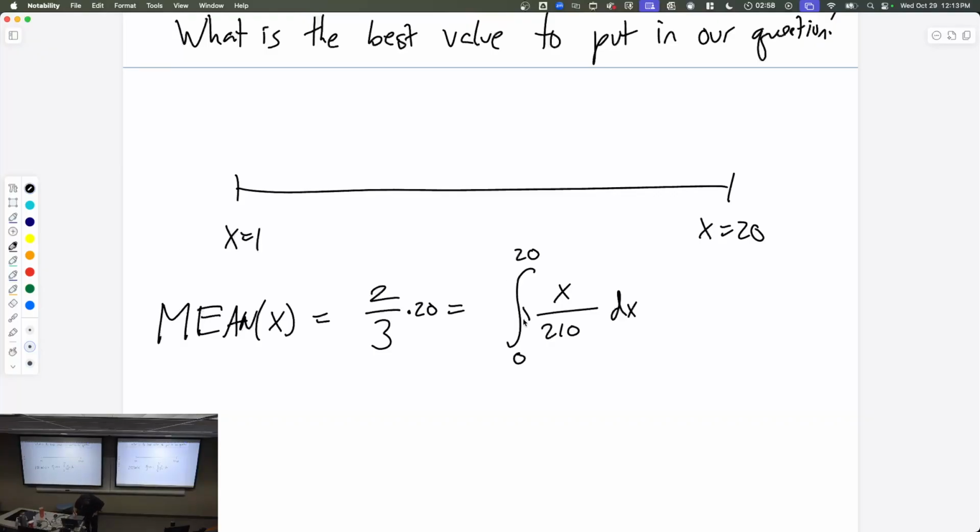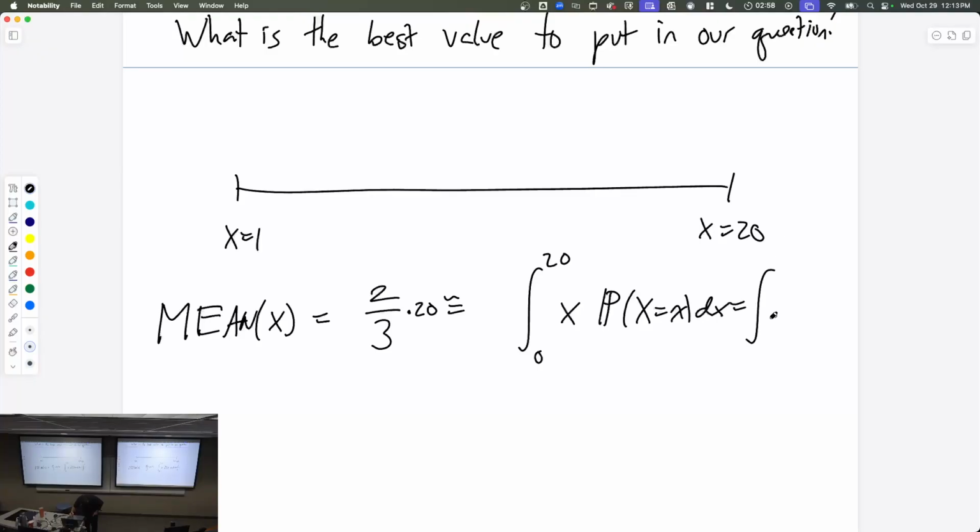Okay, great. Let me start over. So this is approximately, it should be a sum, but it's approximately this integral of x times the probability x equals x dx. So you end up integrating from 0 to 20 x times x. You end up integrating x squared, and the integral of x squared is where this 2/3 comes from.